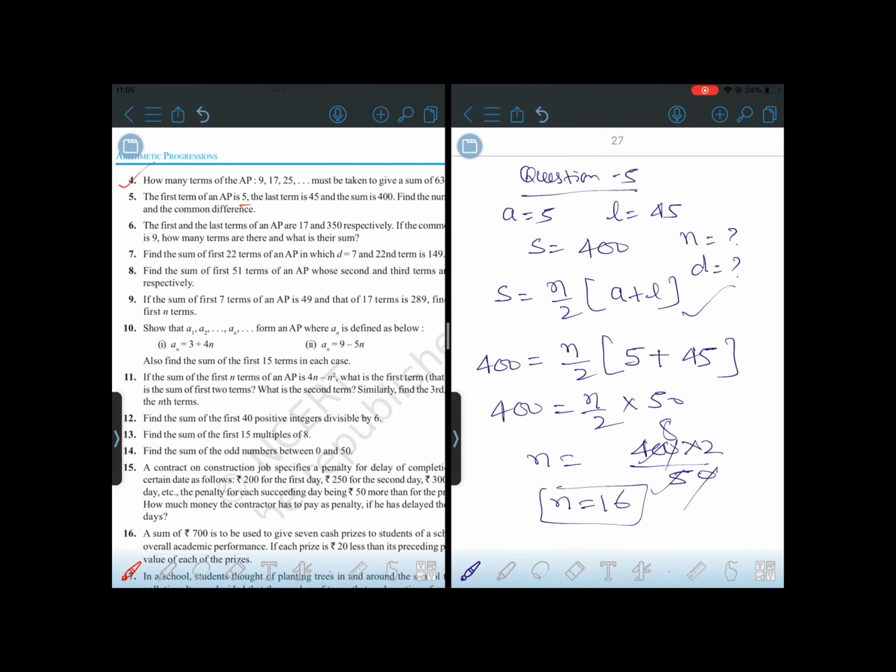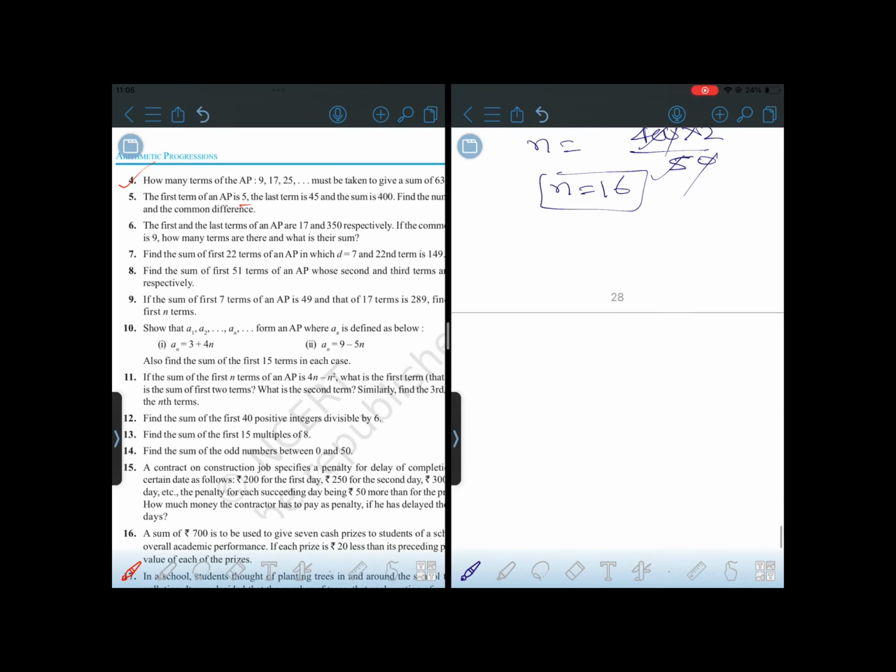And next is the common difference, right? So common difference we can find out, because we are given the last term, right? So we can use the formula of Tn is equal to A plus n minus 1 into D. So Tn will be 45, right? Because we know that it's the 16th term, and the value of A is given as 5.